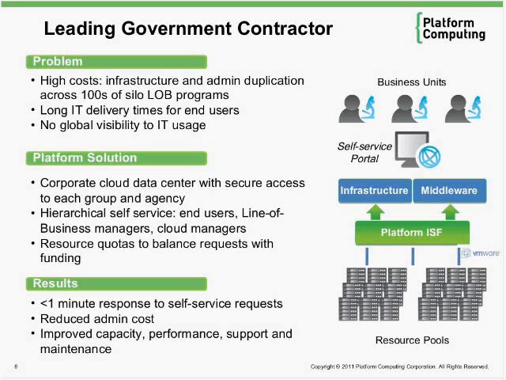So not only do they have the central cloud managers, they also have line of business managers that are there to manage the use of the resources for different lines of business to support their users and to budget the usage so that it's not free for all, right?